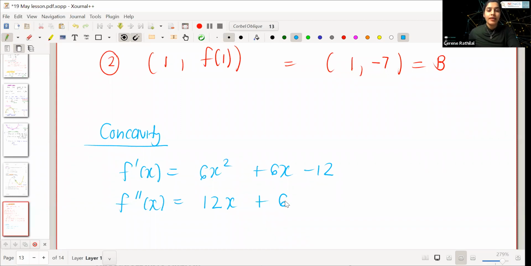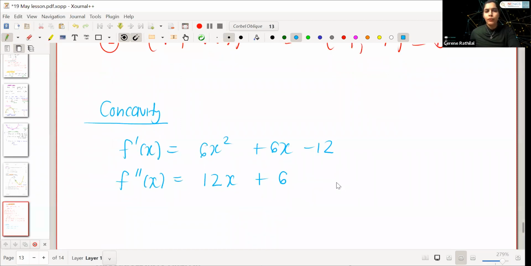Right? And so now we want to determine when is it concave up? What is our definition for concave up? Concave up was when f double prime of x is greater than 0. So I need to find out what are the x values for which this is greater than 0. So that says 12x greater than negative 6.